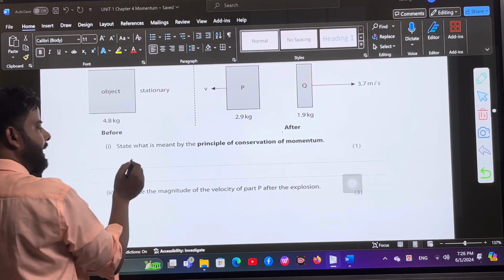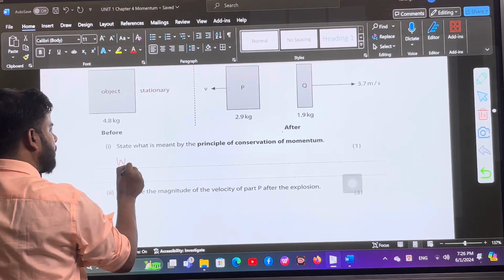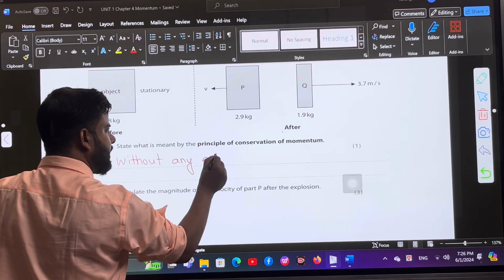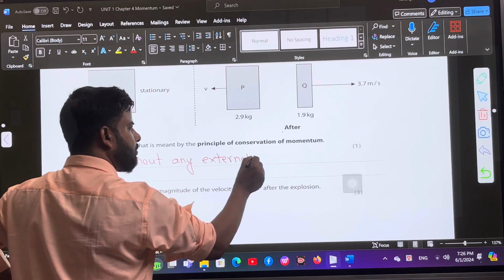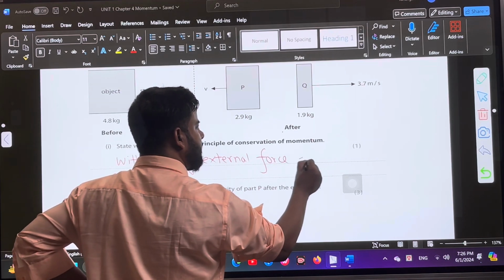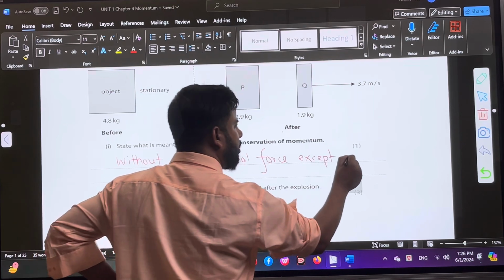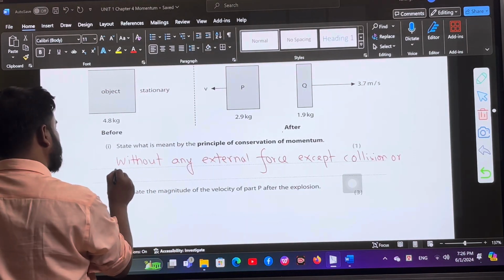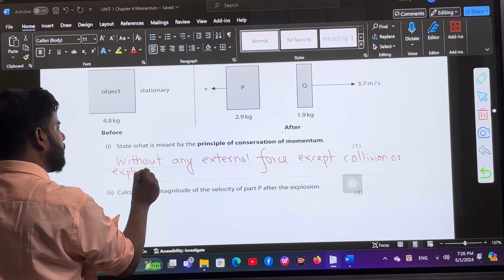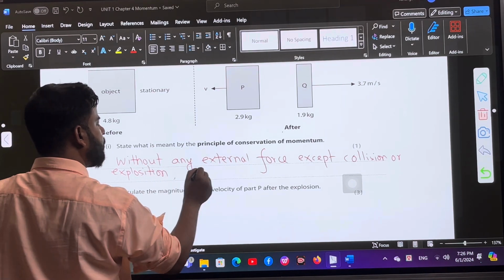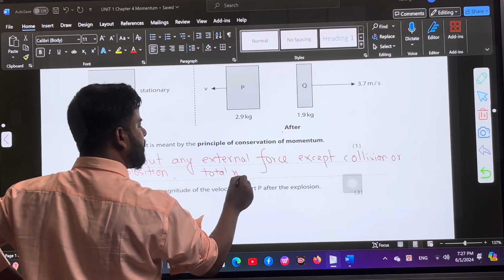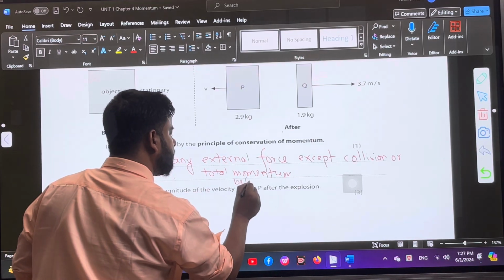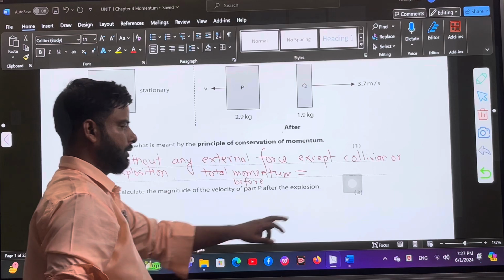Without any external force except collision or explosion, total momentum before is equal to total momentum after.